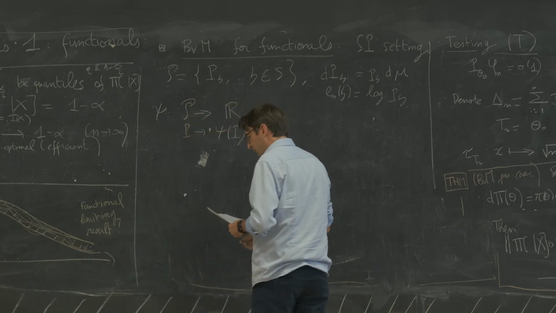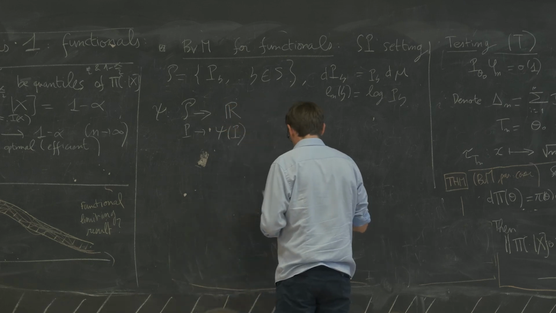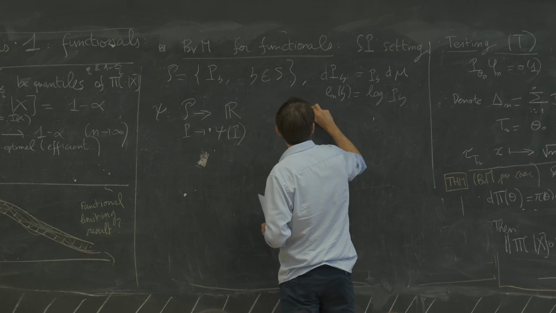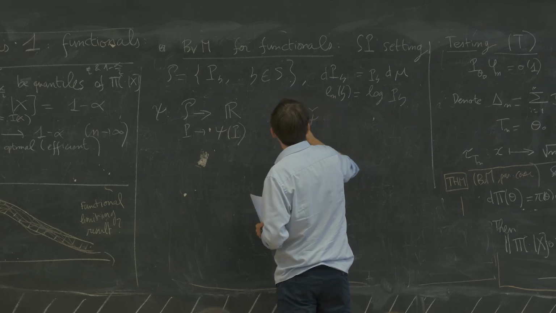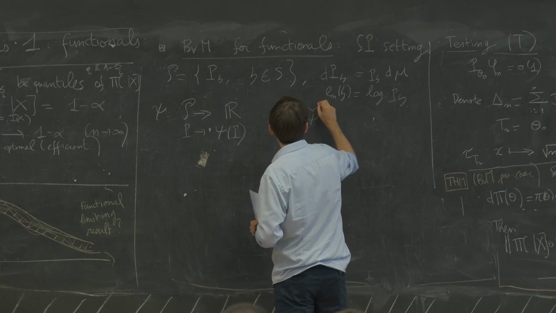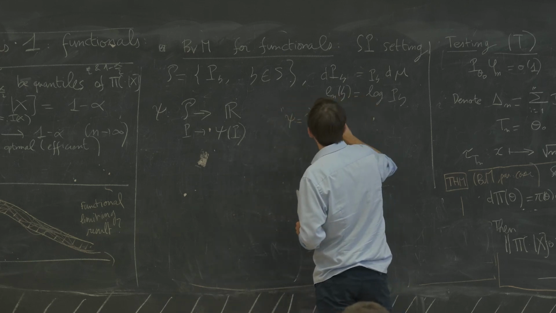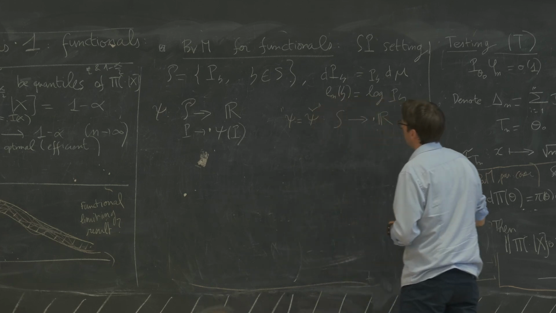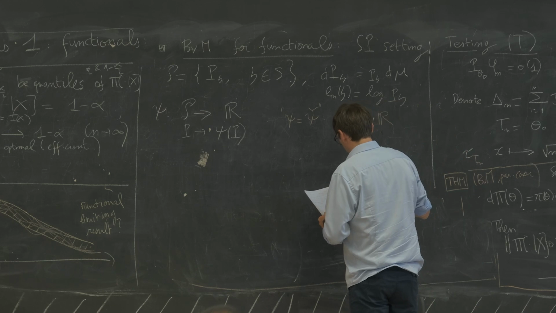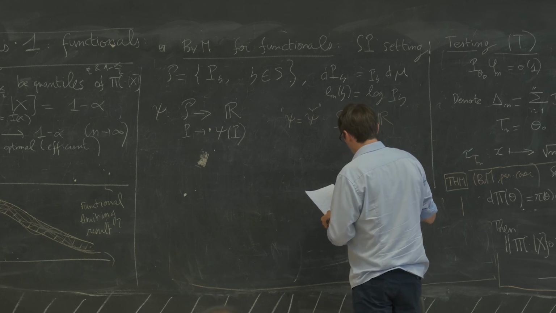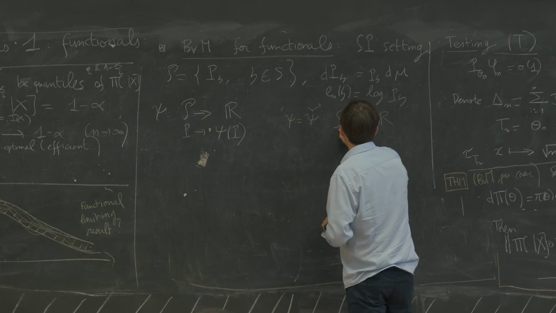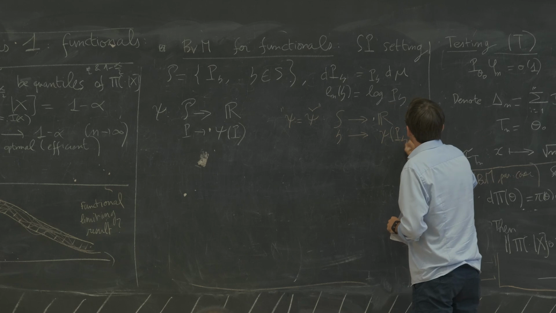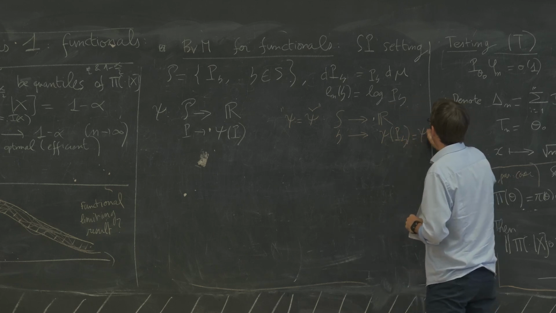An abuse of notation, which I'll make immediately, is that I'll often denote by the same symbol the functional which maps from the parameter set to R, and since I have identifiability of the model, I can do that. I always assume implicitly identifiability. Alternatively, I can just look at this map, which I'll denote psi of eta as well.